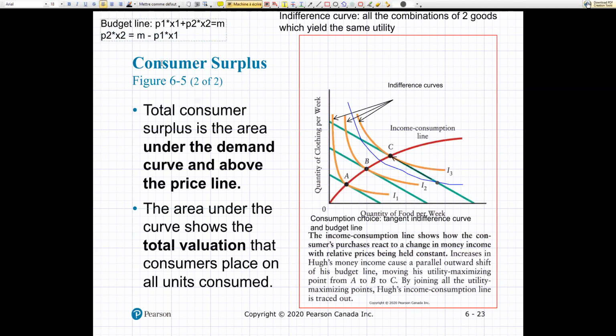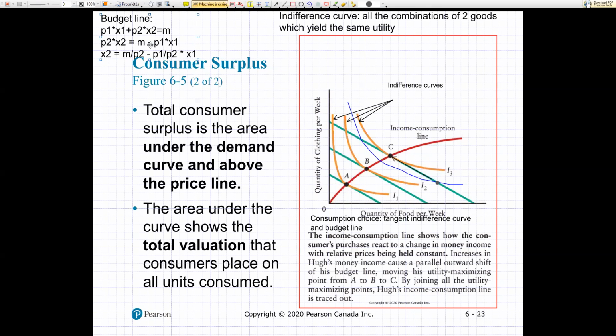And then I can just write x2 is M divided by P2 minus P1 divided by P2 times x1. So what is the slope of a budget line? It's minus P1 over P2, all right?